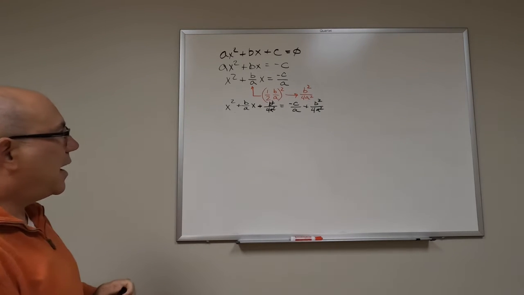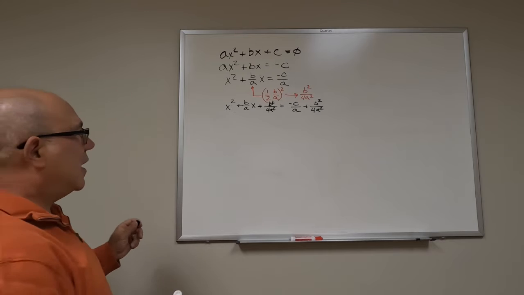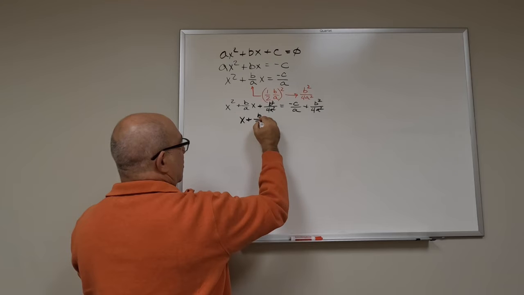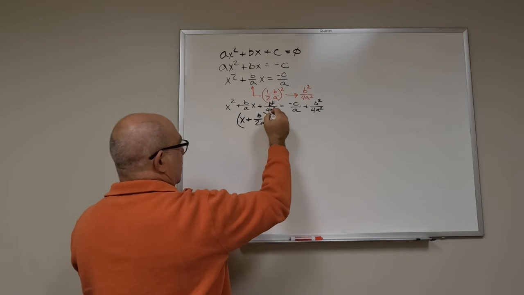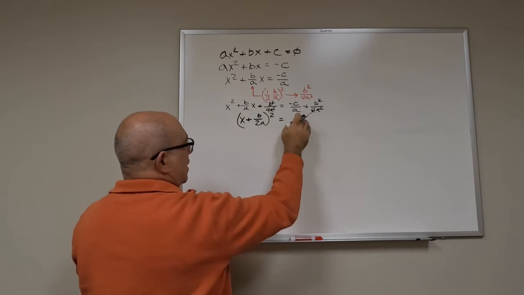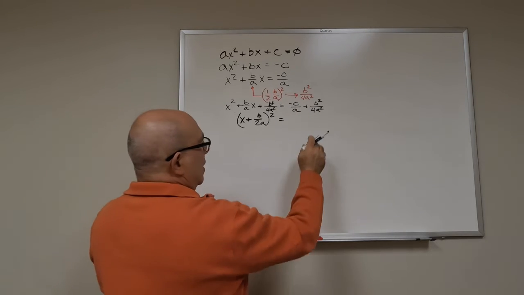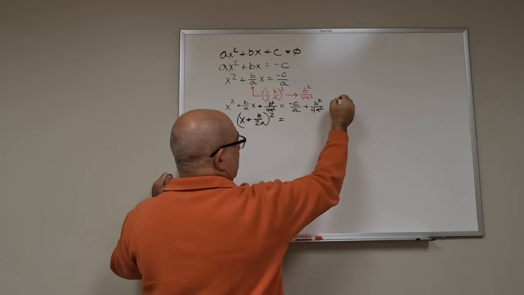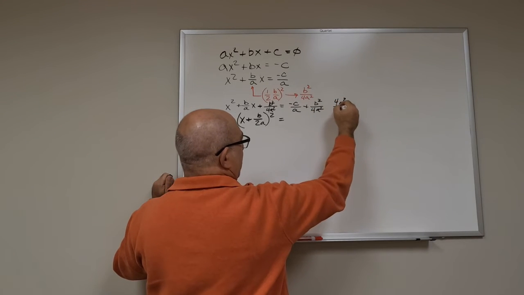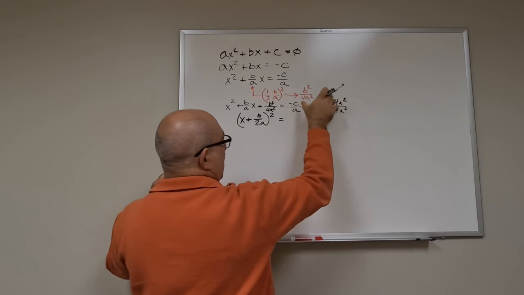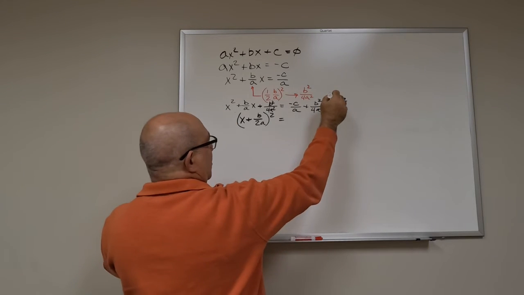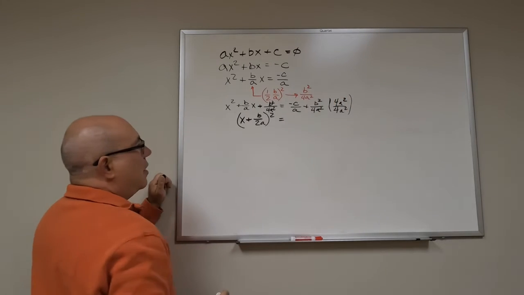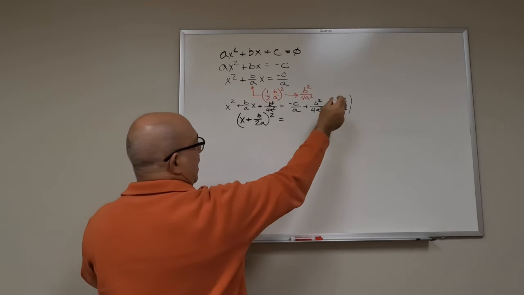All right, so now we can simplify the left side, and that can be just x plus b over 2a squared equals, and let's simplify this side here. If we multiply by 4a squared over 4a squared, which is actually 1, right? We can always multiply something by 1. Then we can simplify this. If we multiply the whole thing, we will see that this a will cancel here.